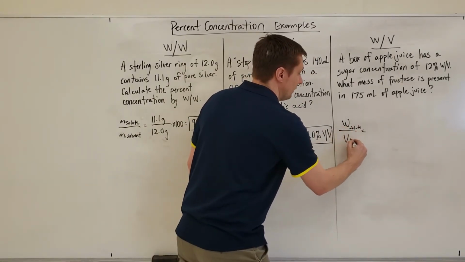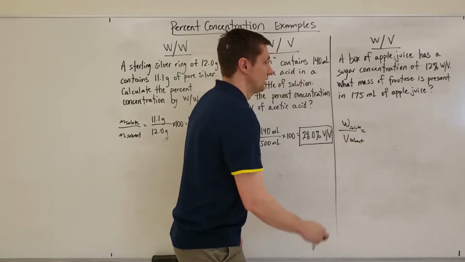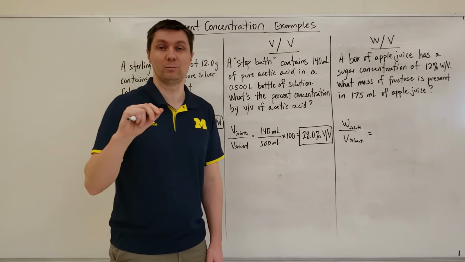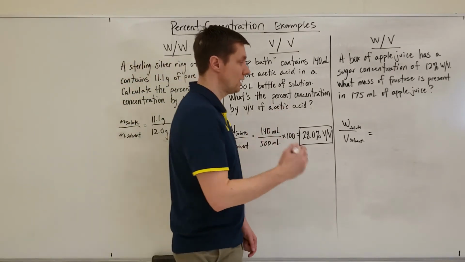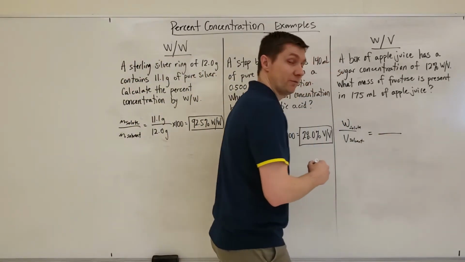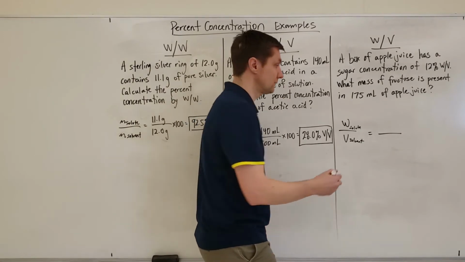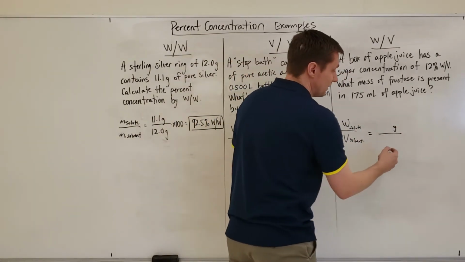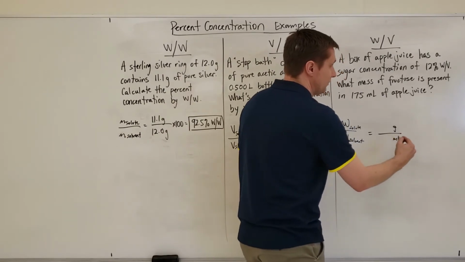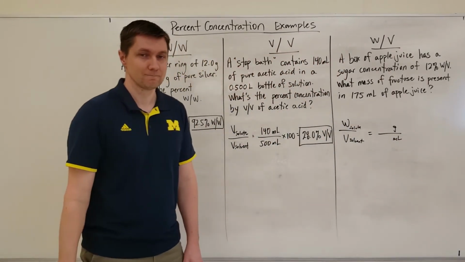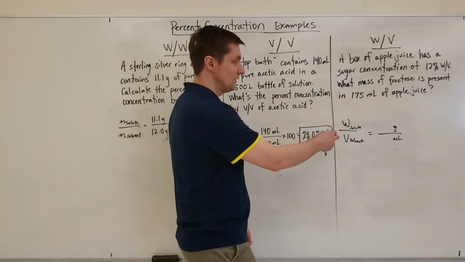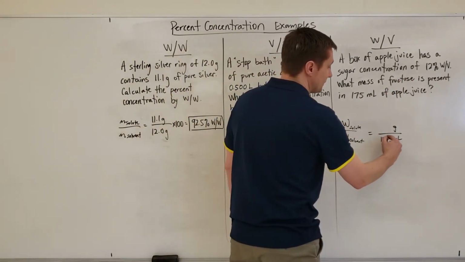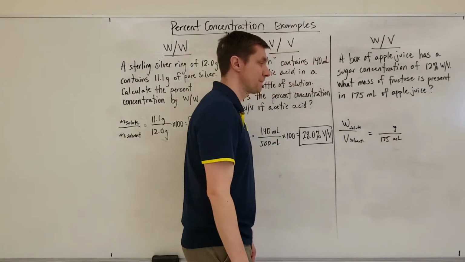Because this is a weight to volume expression, these units have to be specific. So the units on the top for the solute must be in grams, and whatever that number is, it has to be in grams. And whatever the number on the bottom is, it has to be in milliliters. It gives me the volume of the solvent, which is the apple juice, and it says it's 175.